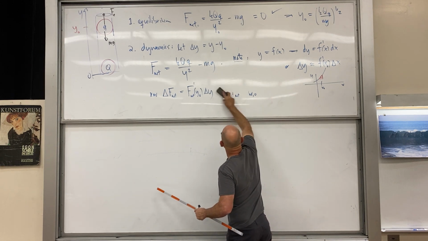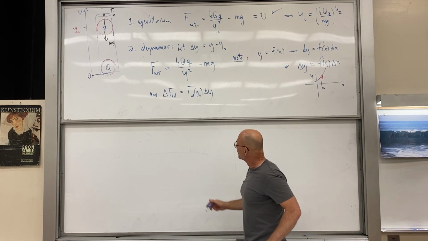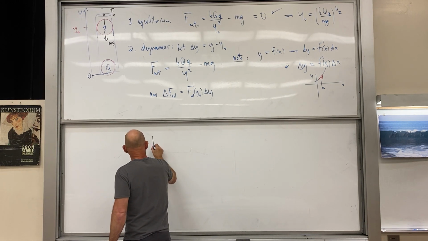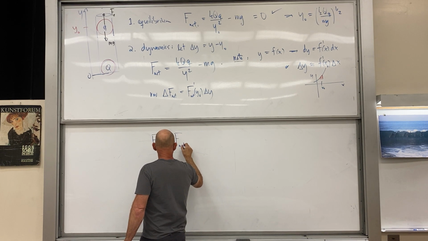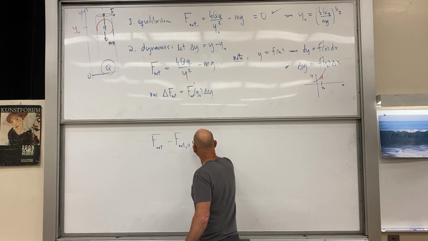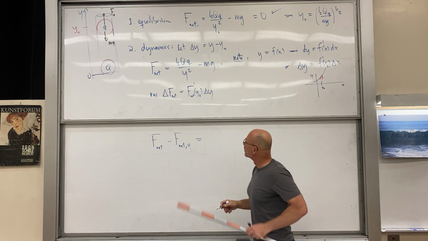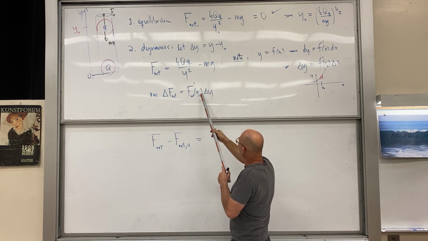So we're looking at F net minus F net comma 0 equals, now we're going to take the derivative of this function at y sub 0.